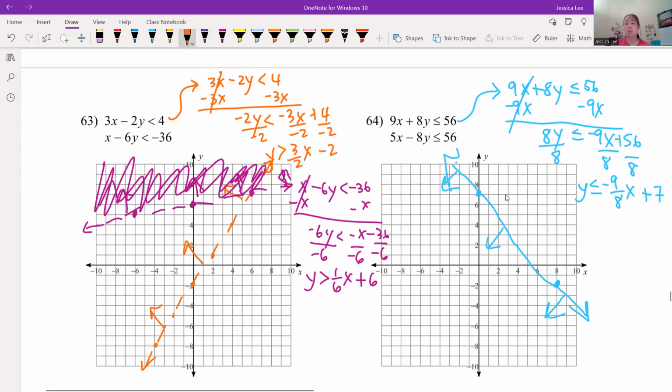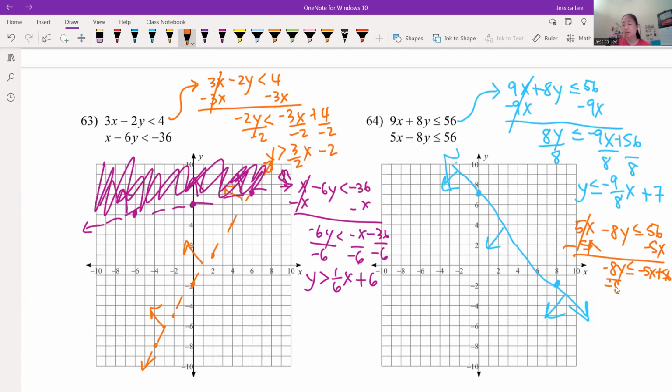And we're going to go to the second one, 5x minus 8y is less than or equal to 56. This is also equal to 56. So subtract 5x. We get negative 8y is less than or equal to negative 5x plus 56. Sorry, can't see very well.